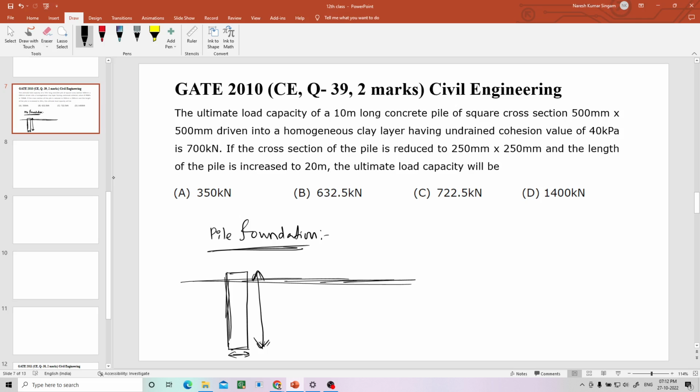This cross section can be a square, rectangular, or circular cross section. Suppose you can see a circle or you can see a square here.